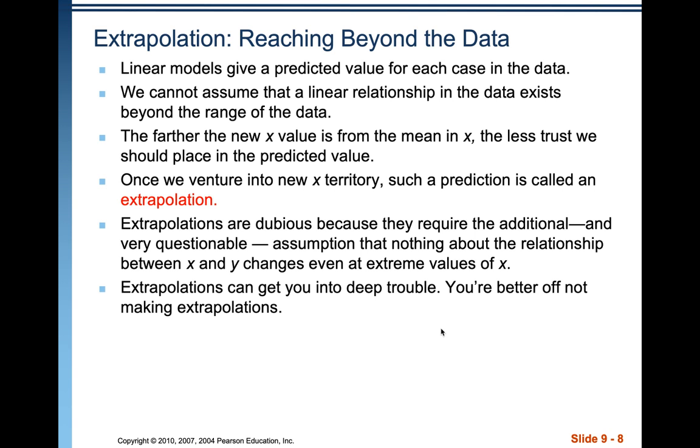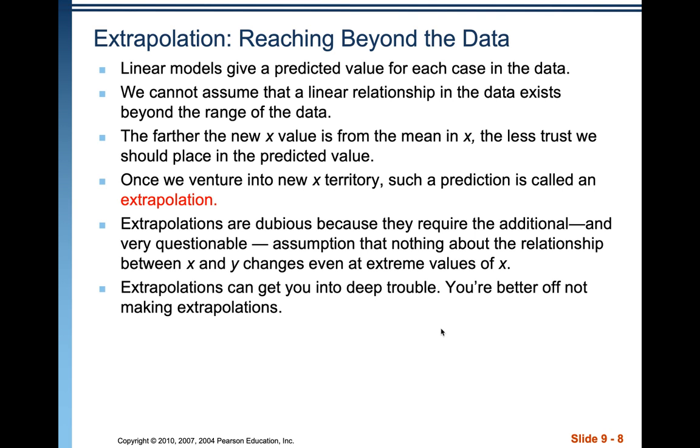Okay, so linear models give a predicted value for each case in the data. We cannot assume that a linear relationship in the data exists beyond the range of the original data. The further the new x value is from the mean of x, the less trust we should place in the predicted value.